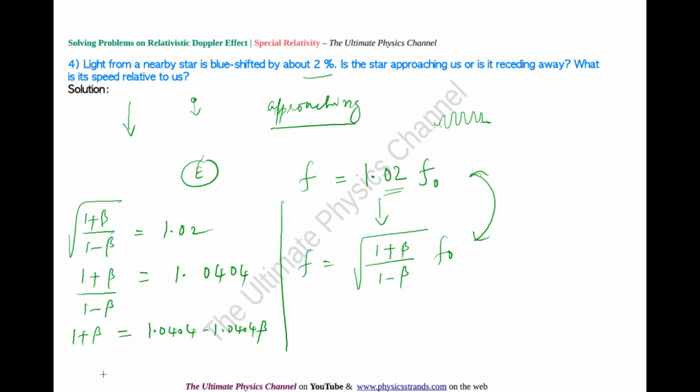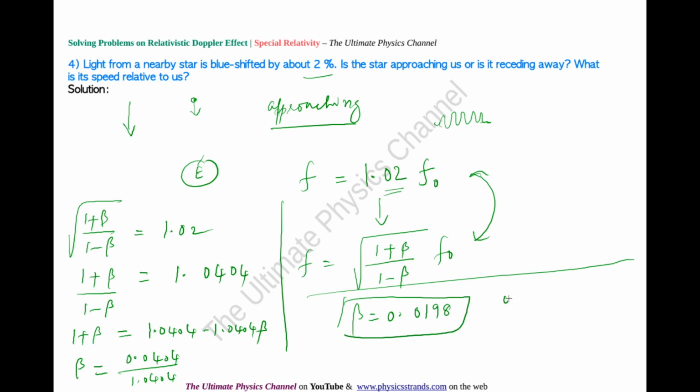So if I rearrange the terms, I get beta to be equal to 0.0404 over 1.0404. So I continue here, my beta would be equal to 0.0198. This is my beta.